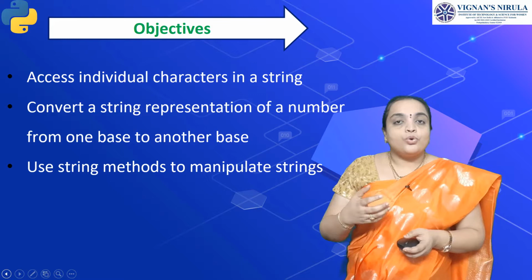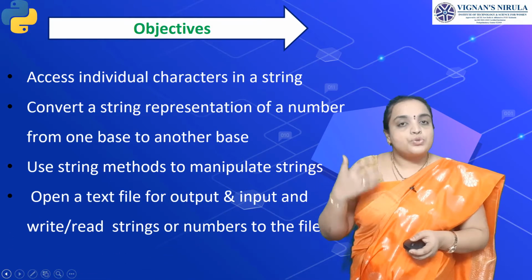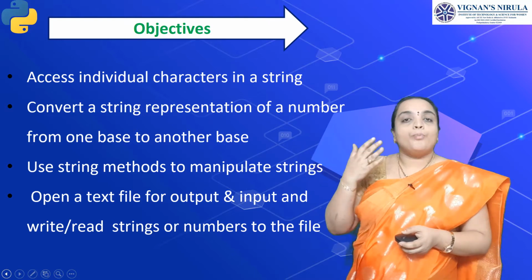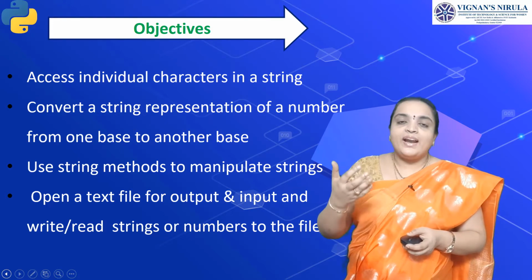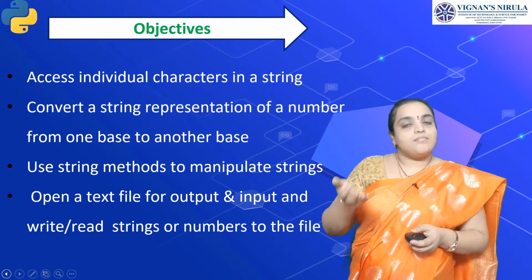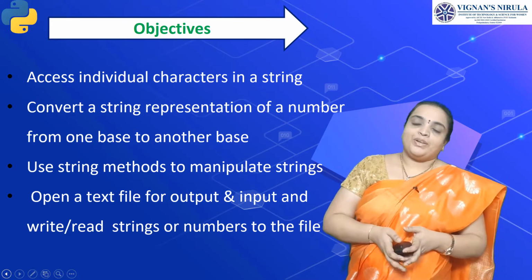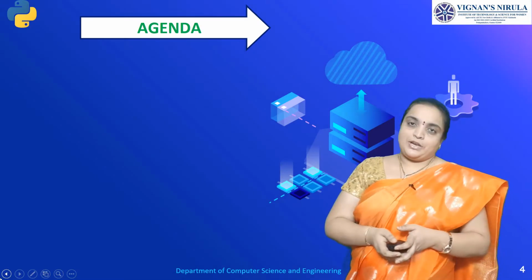Then also we use so many string methods to manipulate the strings, and also the main objective is how to open a text file for output and input, and how to read a string or a number, how to write a string or a number to the file. Let us see the objectives of this lecture.